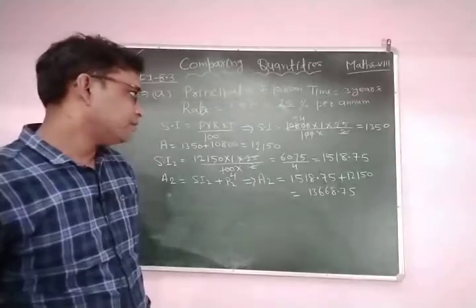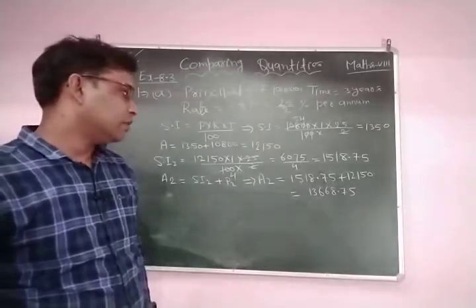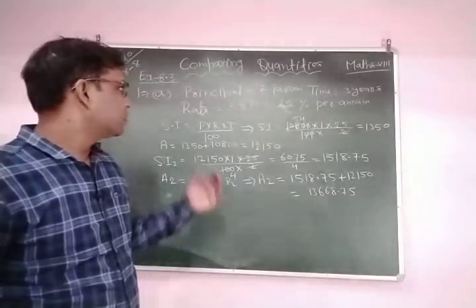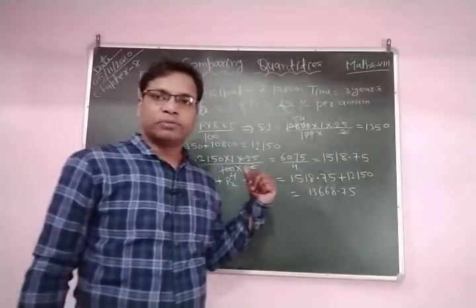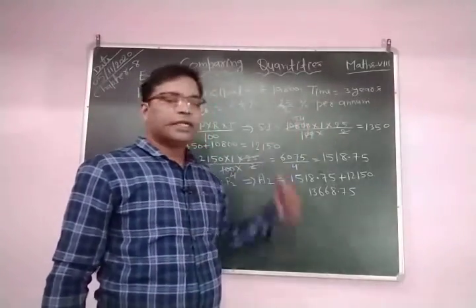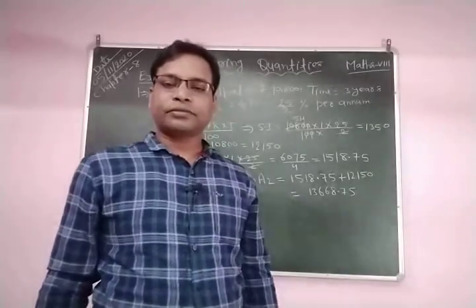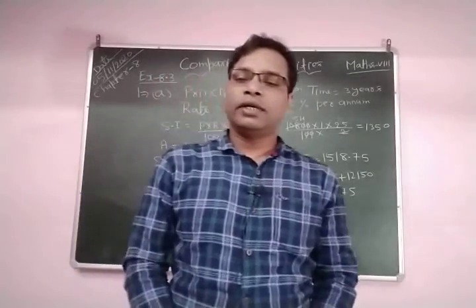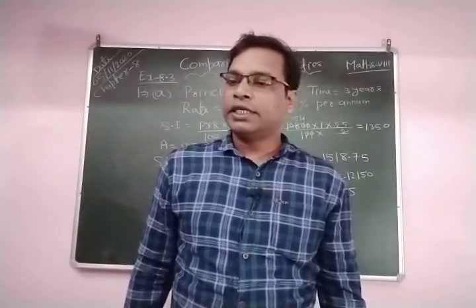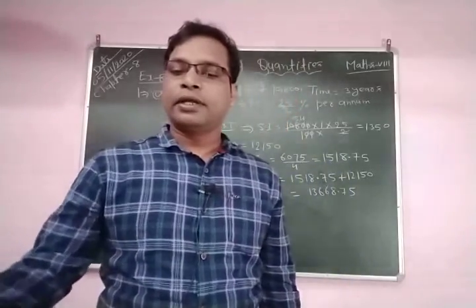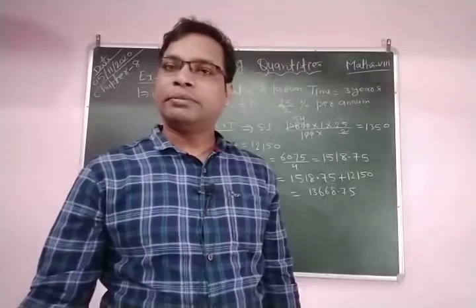Okay, so now we find principal for third year. Students, in these questions principal, time and rate are given. So we calculate the amount and the compound interest by simple interest.